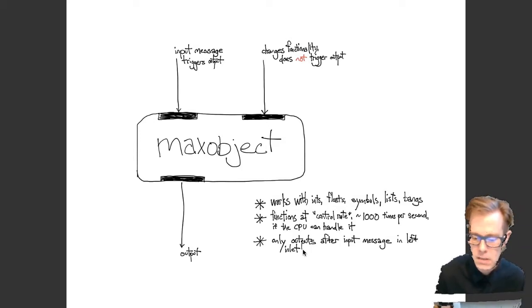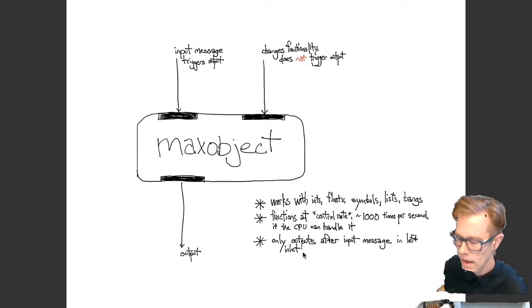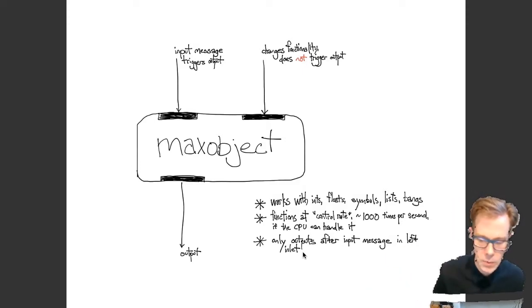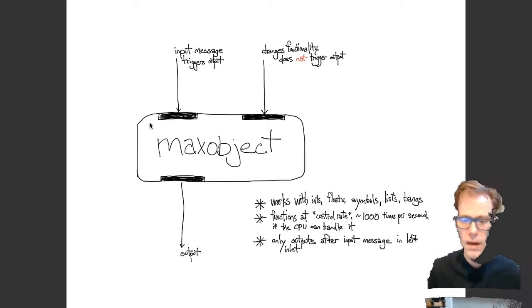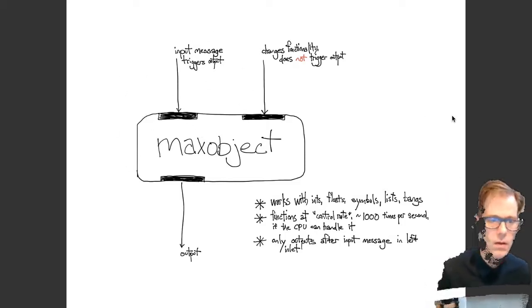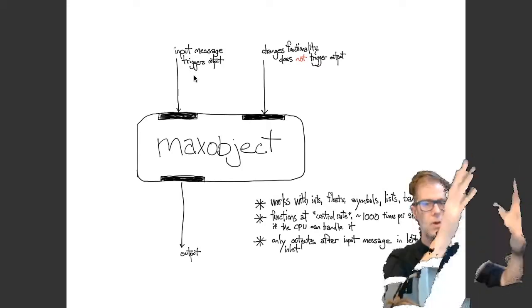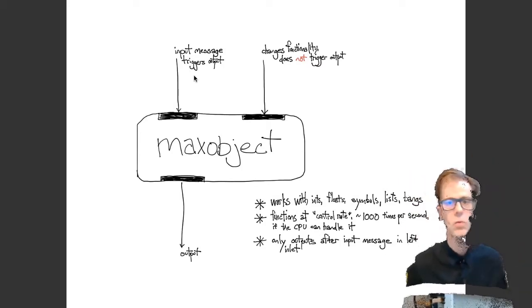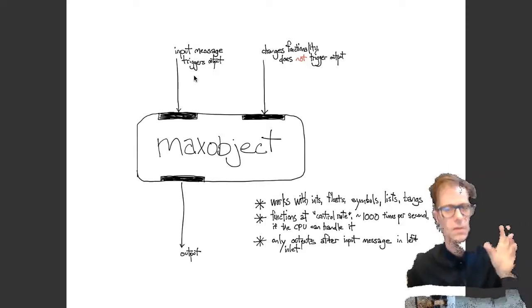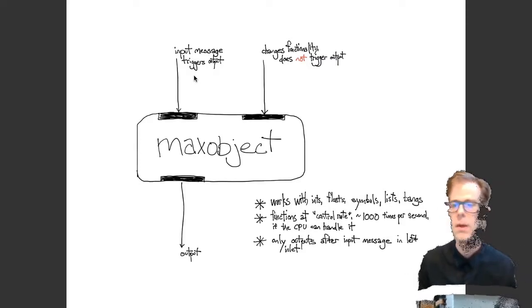Max objects also will only give you output after they receive some kind of input message in their left inlet. So looking at these inlets up here, an input message in the left inlet will trigger the output. So this leftmost inlet, it's also sometimes called the hot inlet because it triggers output.